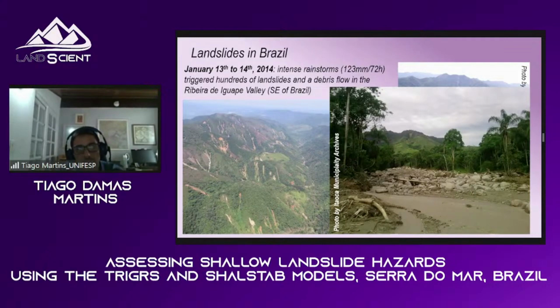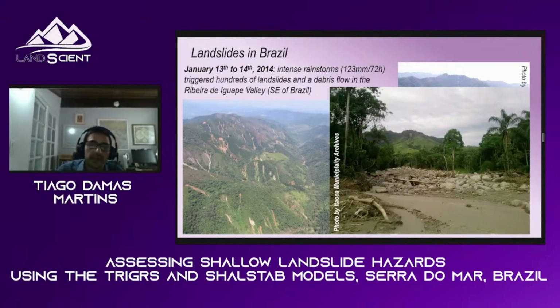And in January 2014, intense rainstorms, nearly over 120 millimeters in 72 hours, triggered hundreds of landslides and debris flows that reached the town, especially the town named Itaoca, destroying the town.